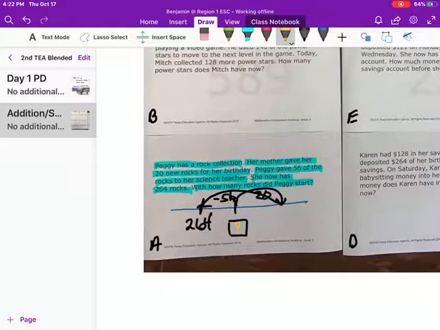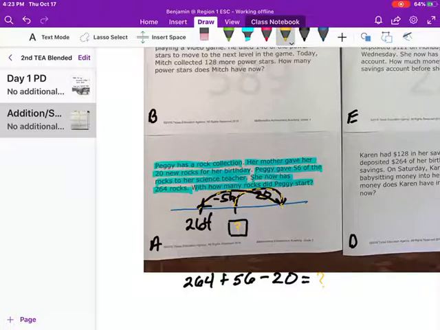I know I have 264, and I've got to come back this way, so I'm adding to 264. I'm going to write 264 plus 56. Then I have to go back 20, so now I subtract 20 to get to my question mark.